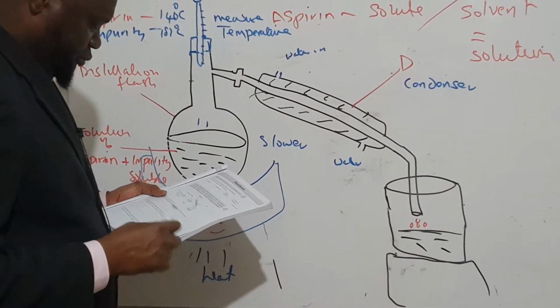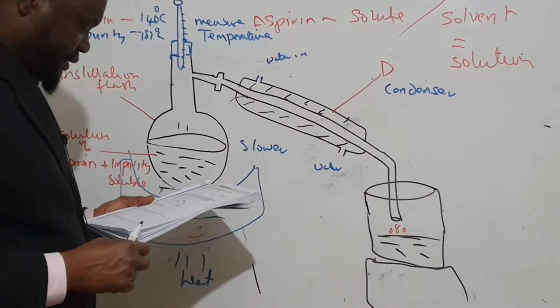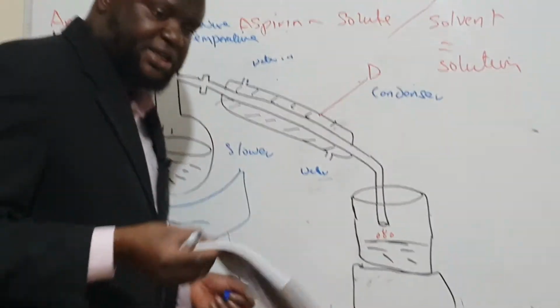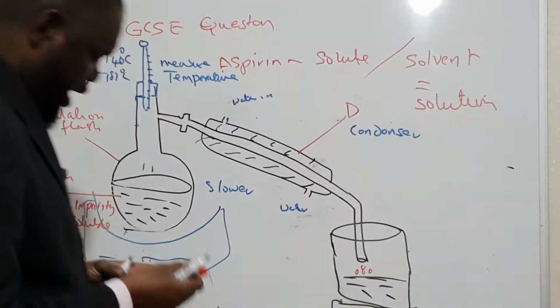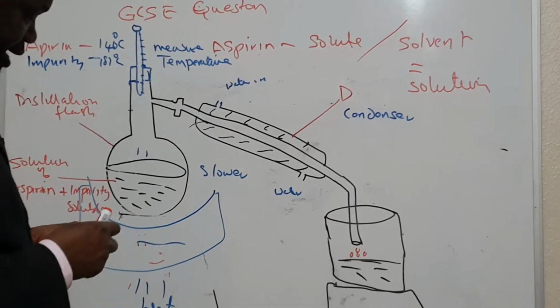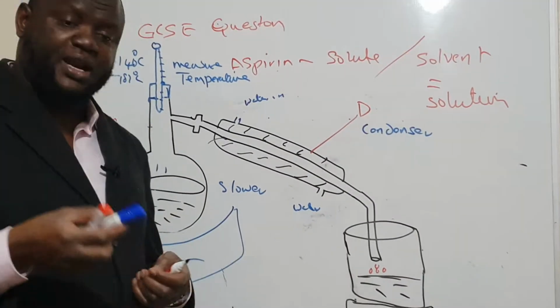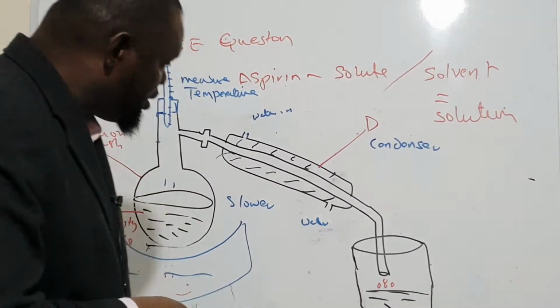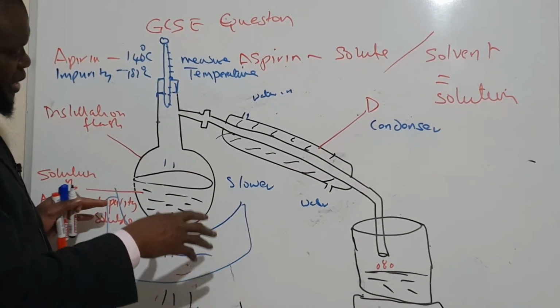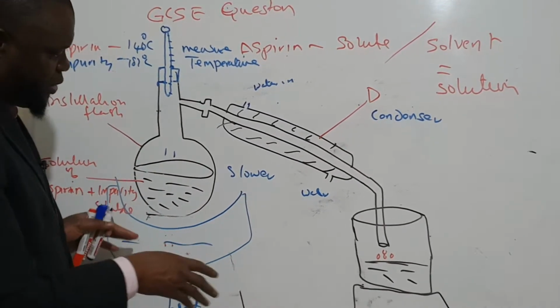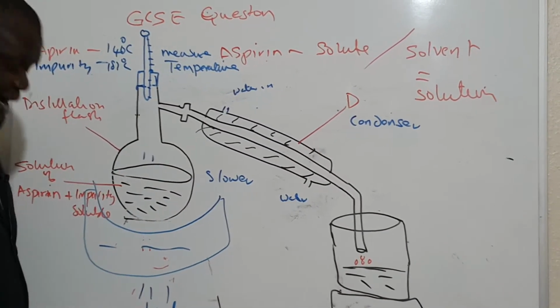So this is 6 marks. This is 6 marks for a GCSE question. So I just brought this in so that you can see what we are doing, how it relates to the actual GCSE exam. We did the apparatus, I taught you about distillation and what it does, but how to apply it in an exam is very important.